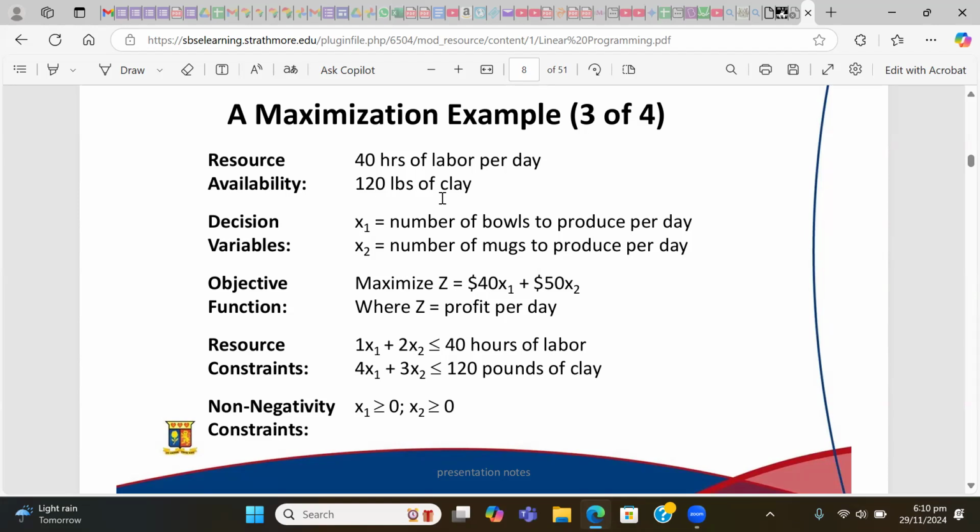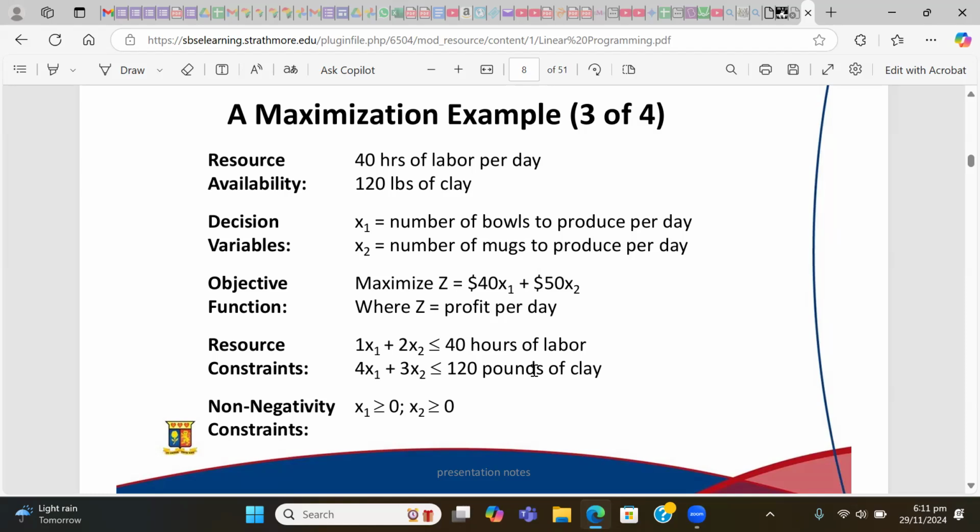There's only 120 pounds of clay available. So, since bowls take 4 pounds of clay and mugs take 3 pounds of clay, then 4x1 plus 3x2 must not exceed 120, right?